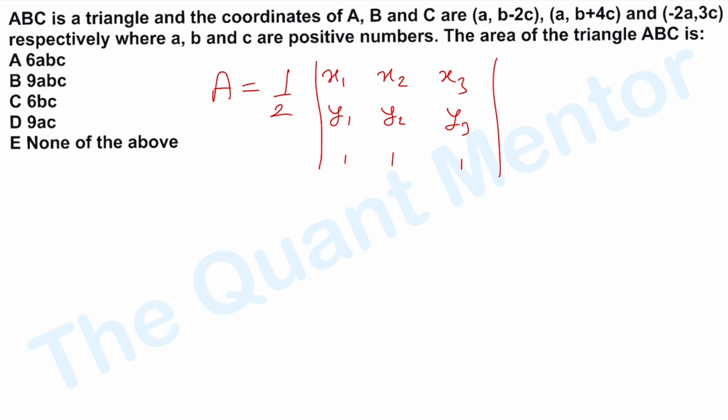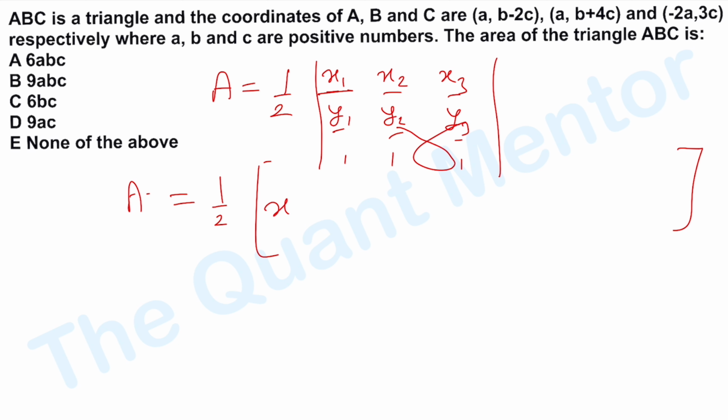Okay, now you can simplify this. I mean, you can open it out if you know how to open determinants, or you can remember this as a standard formula. The area of a triangle having coordinates x1, y1, x2, y2, x3, y3 will be half into the next step, x1 into y2 minus y3. So x1 into y2 into 1 is y2, minus 1 into y3 is y3.